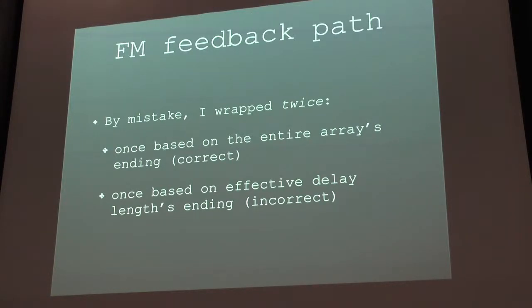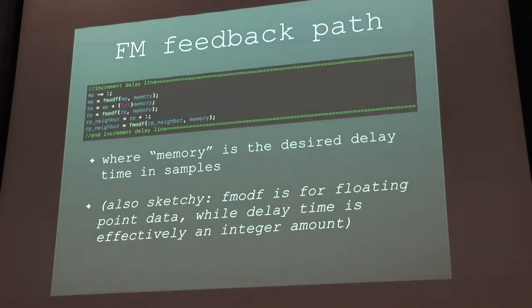I accidentally made two ways at which it resets the read and write pointers. One was based on the entire array's ending, which is the right thing to do, but the other one was based on the effective delay length's ending, which is not so good. So here's just a snapshot of the original code doing that.